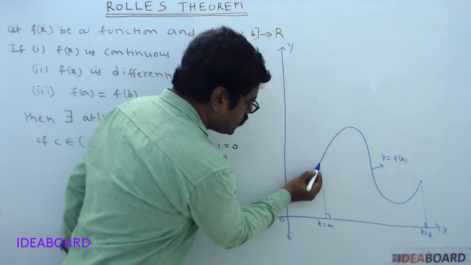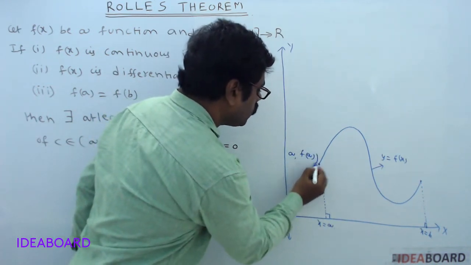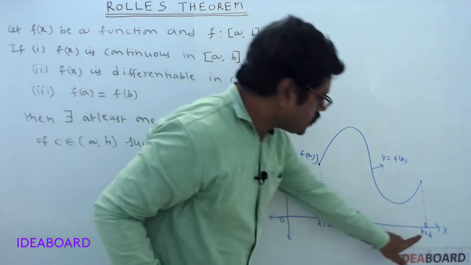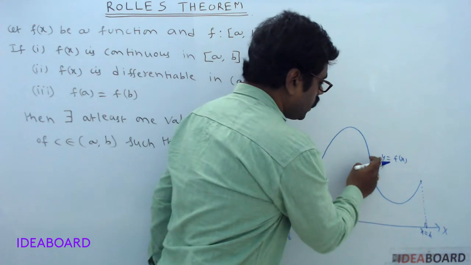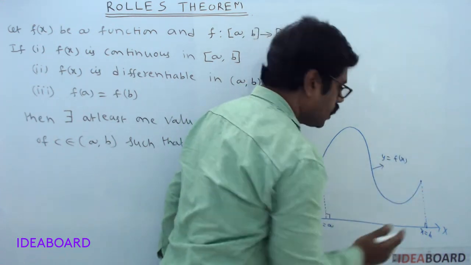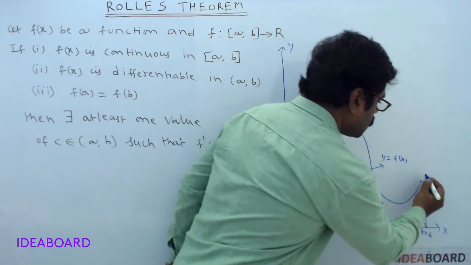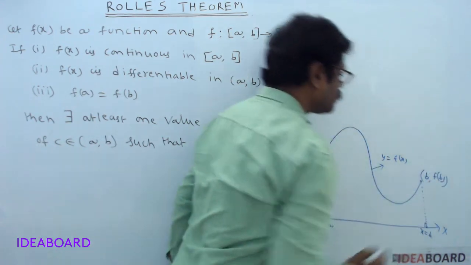It means this point's coordinates are a comma f of a. By substituting x equals b in this curve, we get y equals f of b. Now this point's coordinates are b comma f of b.